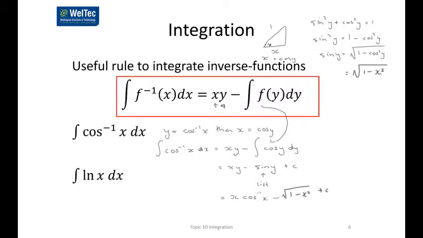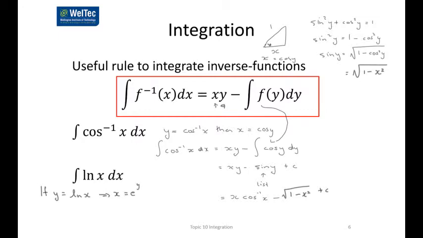The integral of natural log x, you might actually know this when you've done it, but maybe not. So we can do the same thing: if y is equal to the natural log of x, then x is equal to e to the y.